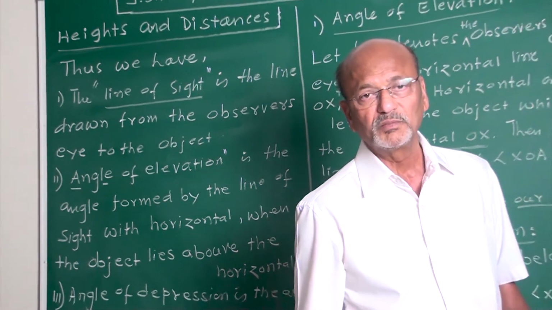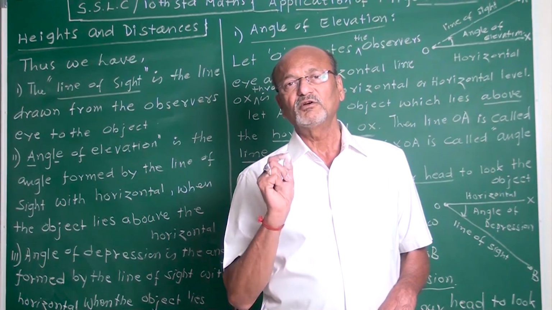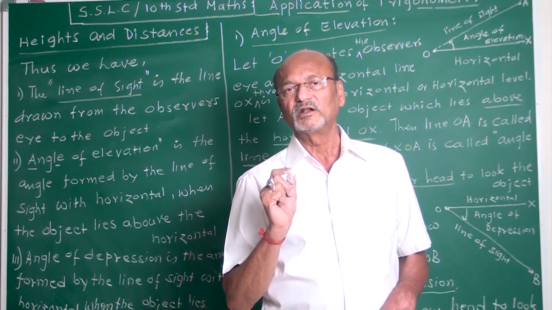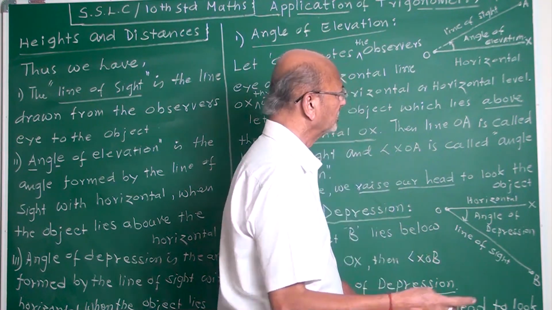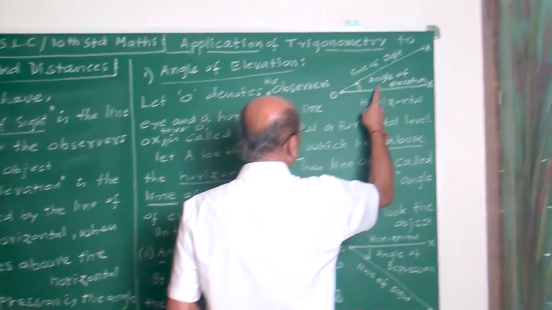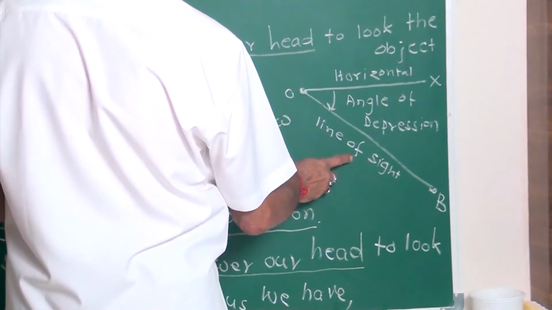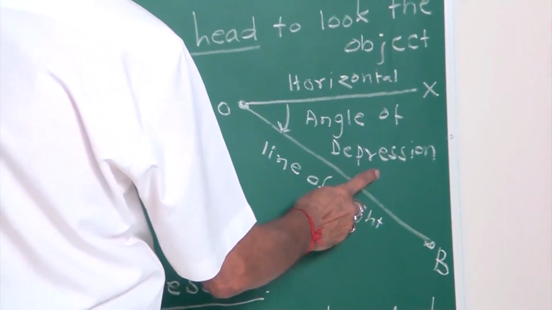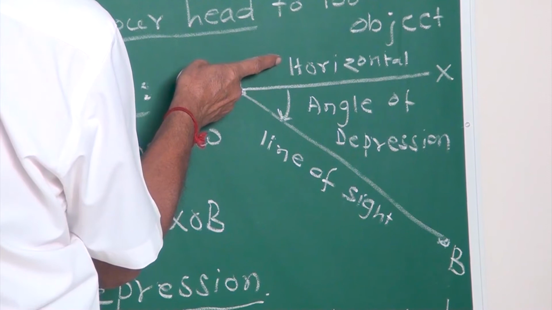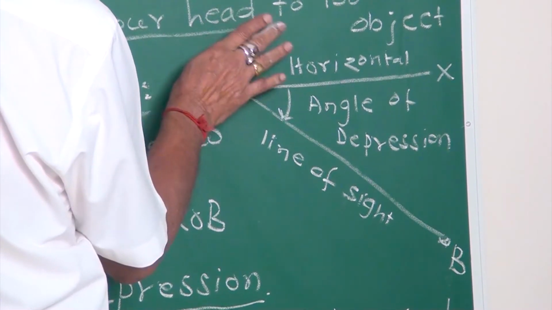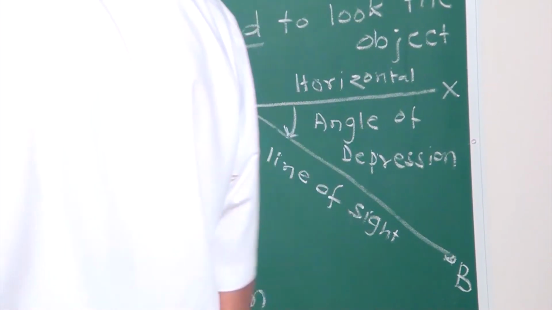Third, angle of depression is the angle formed by the line of sight with horizontal when the object lies below the horizontal. These are the main ones. If the object lies above, angle of elevation; below, angle of depression. These are the angles formed by the line of sight with horizontal. Remember, my friends.